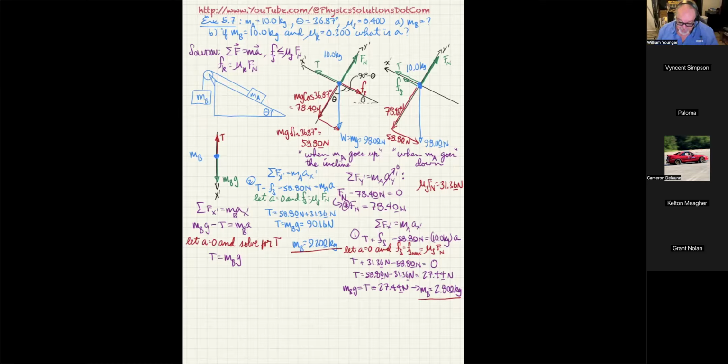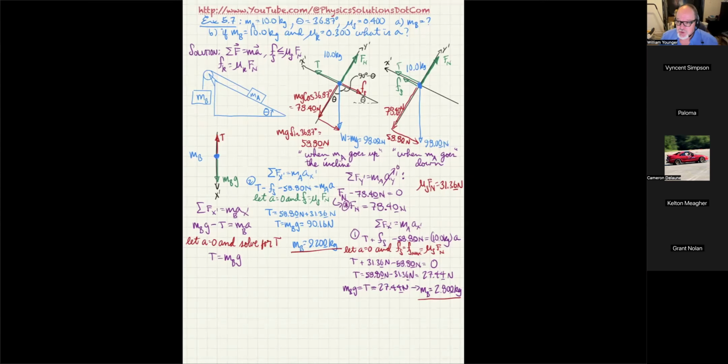So now what we figured out is that if M sub B is 2.8 or smaller, it's not going to move. If M sub B is 9.20 or larger, it's also, or excuse me, it's not that it's not going to move. If M sub B is smaller than 2.80, then M sub A is going to slide down the incline, and if M sub B is bigger than 9.20, then M sub A is going to slide up the incline.